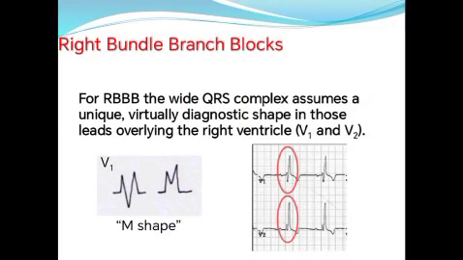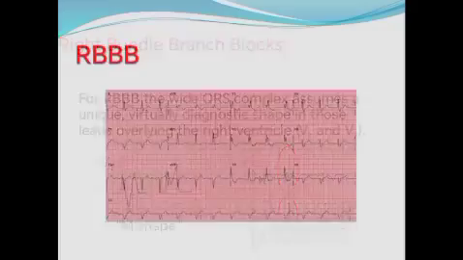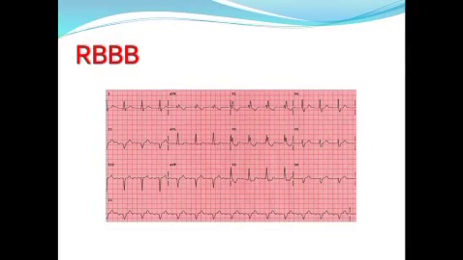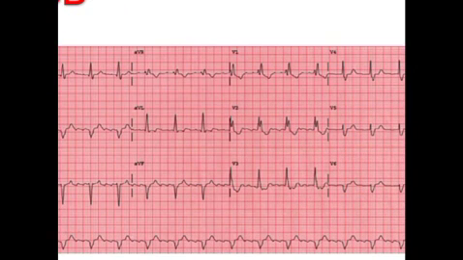Here, this is what we explained. For the right bundle branch block, the wide QRS complex assumes a unique, visually diagnostic shape in the leads overlying the right ventricle, V1 and V2. You see, it is an M shape. This is an example of right bundle branch block.